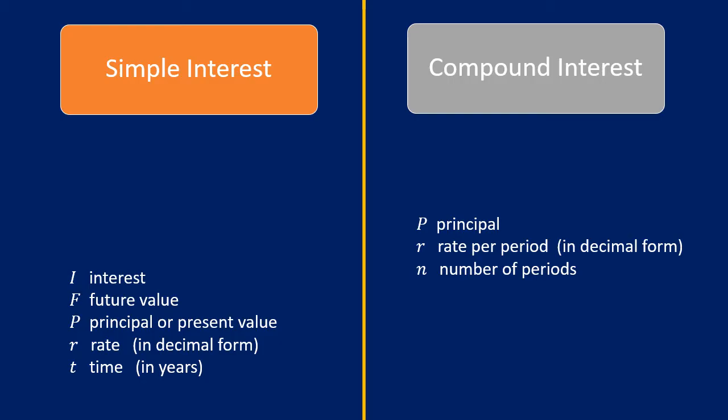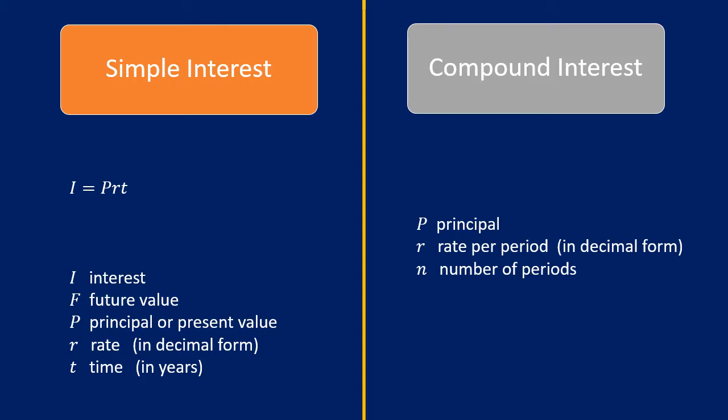Okay, so here are the formulas for getting interest in simple interest and compound interest. Let's first start with simple interest. The interest is equal to the principal amount times the rate times the time.